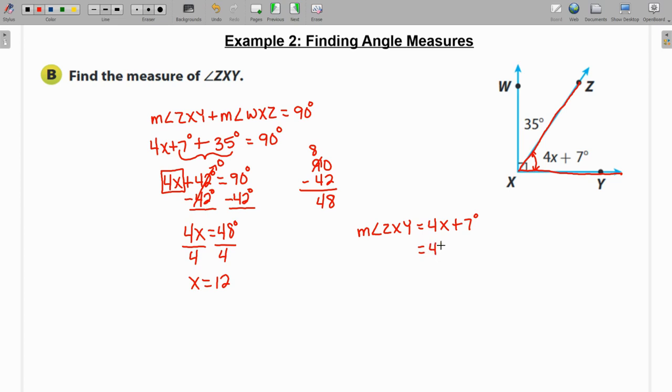So I'm going to say 4 times 12 plus 7 degrees. Order of operations says that I'm going to multiply first here. So 4 times 12 gives me 48 plus 7 degrees. These are all degrees as well. When I take 48 plus 7, that is going to give me 55 degrees. So the measure of my angle ZXY in this problem should be 55 degrees.